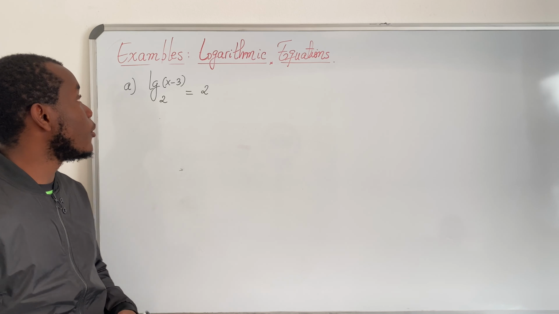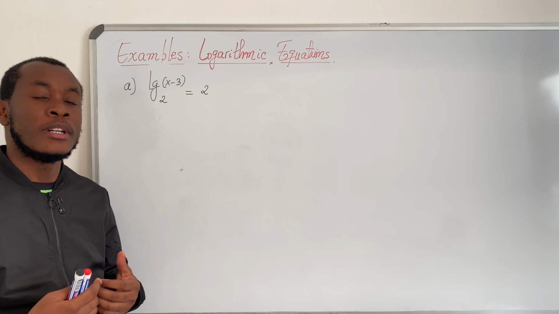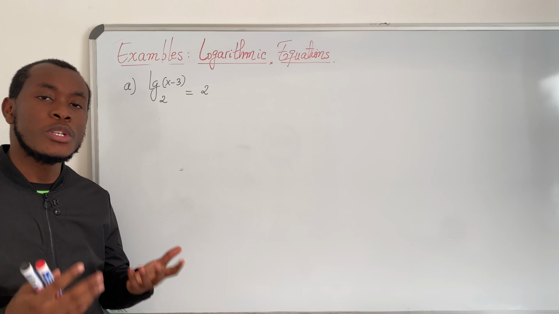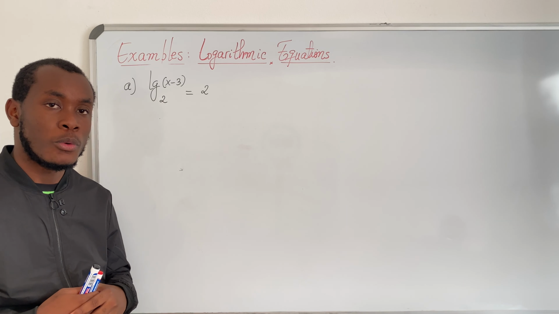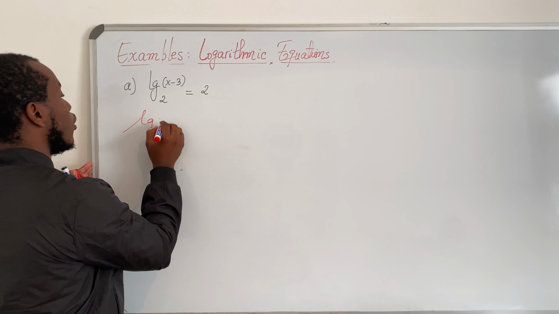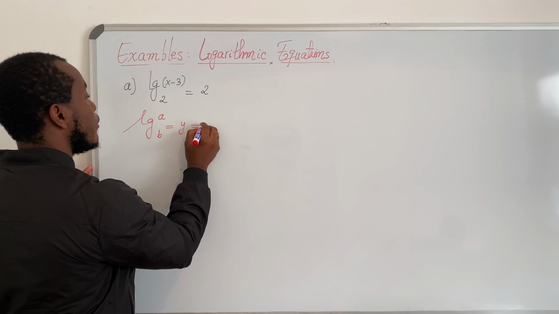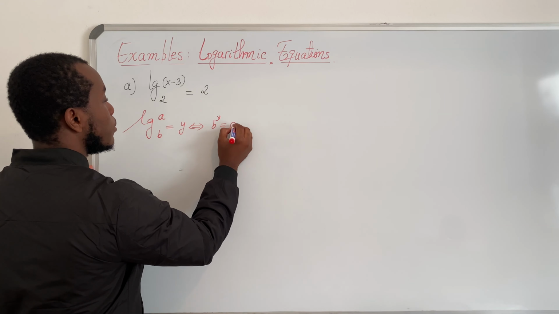Okay, now let's solve this logarithmic equation. When you're dealing with logarithmic equations, especially in this form, always remember the definition that we gave on logarithm: log of a to the base b equal to y is equivalent to writing b to the power y equal to a.